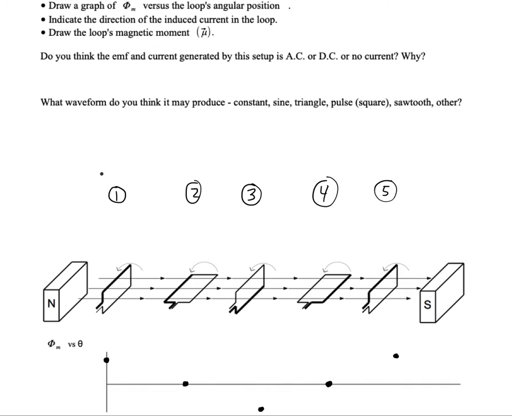Now, since the formula for flux is BA cosine theta, and we know that theta is changing nice and steadily, because of this, we're going to get a cosine graph.